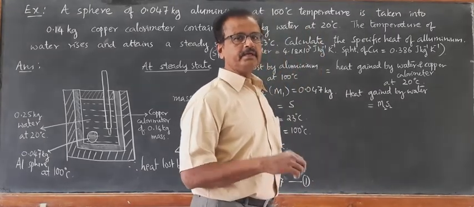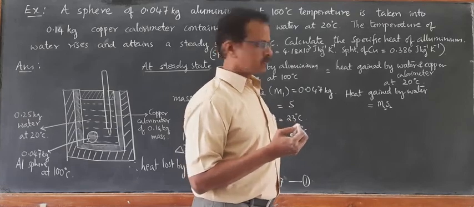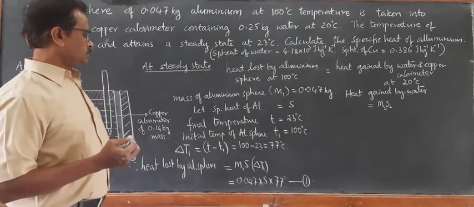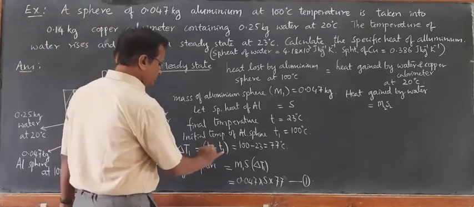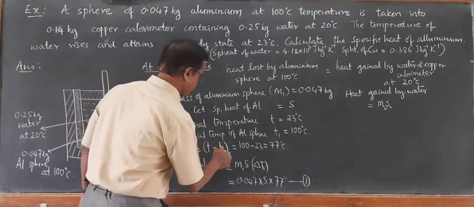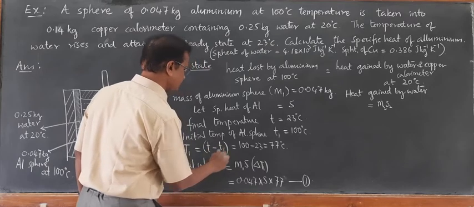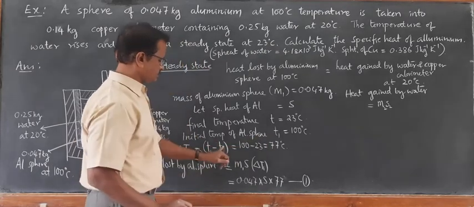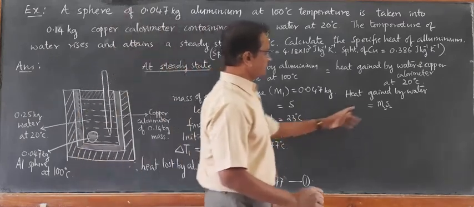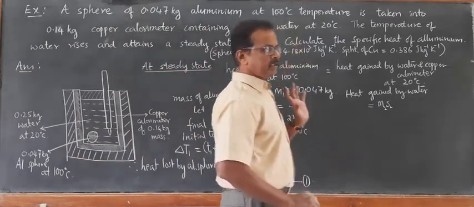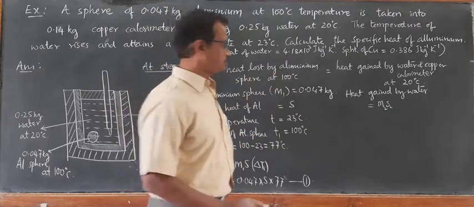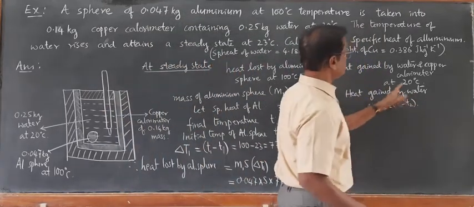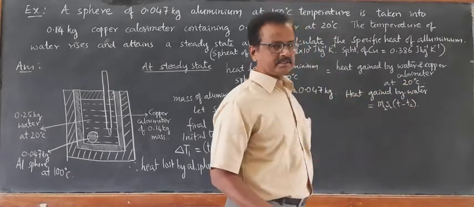There is going to be an increase in temperature now. Okay, here I made an error. Here T1 is the initial temperature and T is the final temperature. Here the change in temperature is going to be T minus T2, where T2 is the initial temperature.